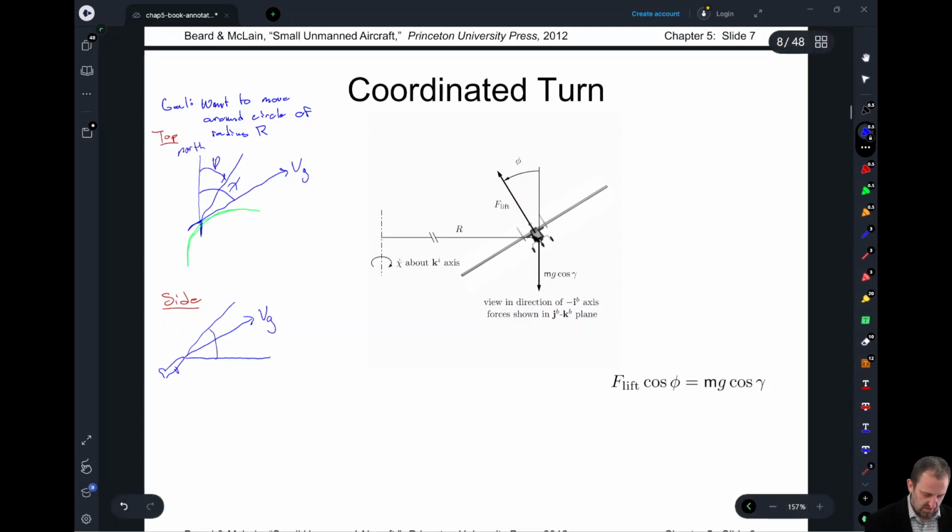So if we look at this guy, this would be our pitch angle. This guy right here is going to be our angle of attack. Okay, it's going to be gamma. I have to apologize, I keep calling gamma my angle of attack. Gamma is, again, our flight path angle.